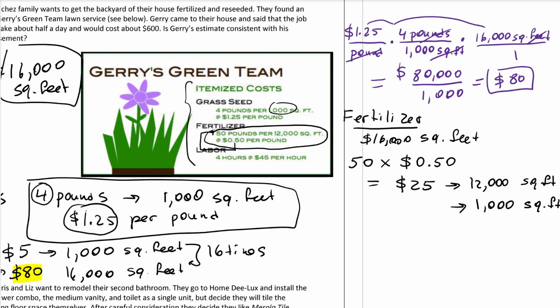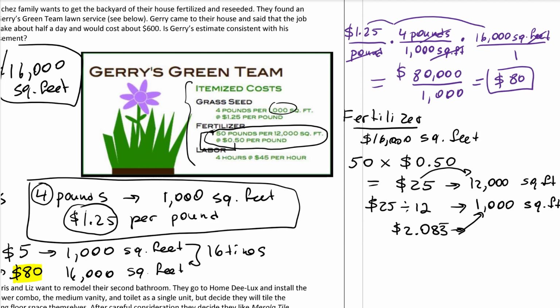So if you divide $25 by 12, that's how much will be per 1,000 square feet. $25 divided by 12 gives us $2.08 per 1,000 square feet. I'll keep that number in the calculator. It's actually $2.08, and then there's 333 repeating.